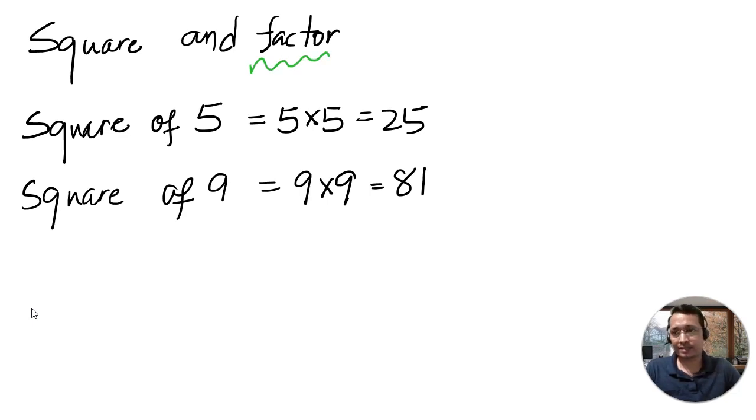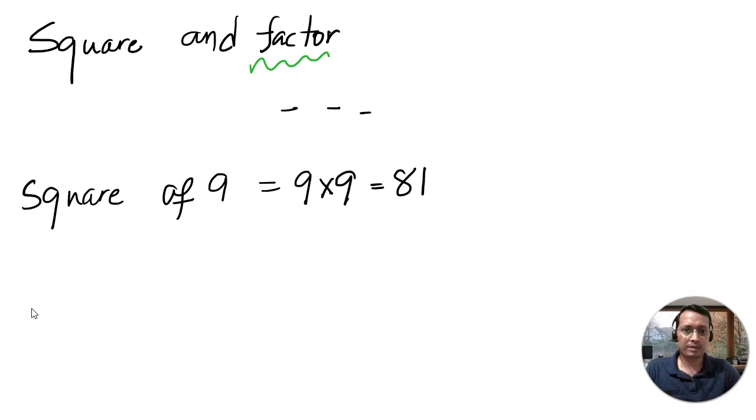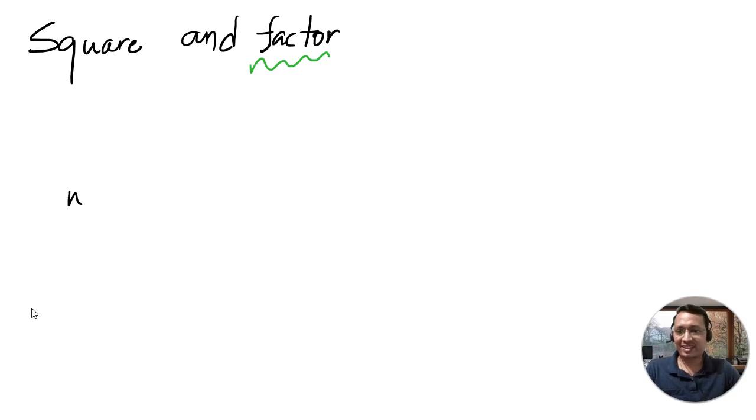Let me just erase this so it becomes easy for us to write a lot of things here. Now we are discussing factors. So what are factors? We'll explain it through an example, because understanding things through examples is very easy.